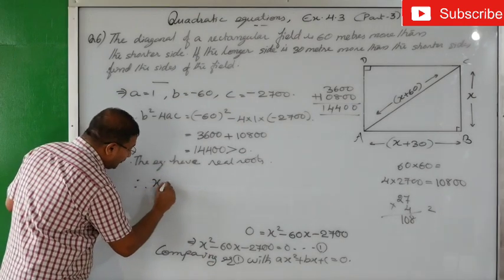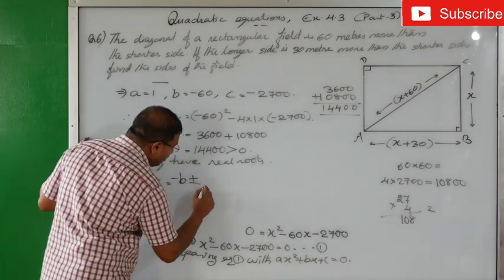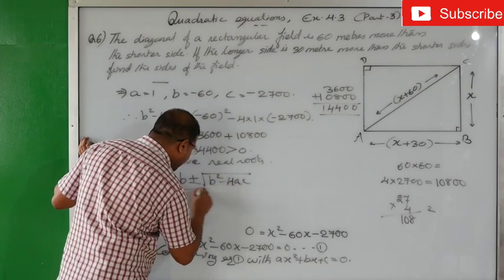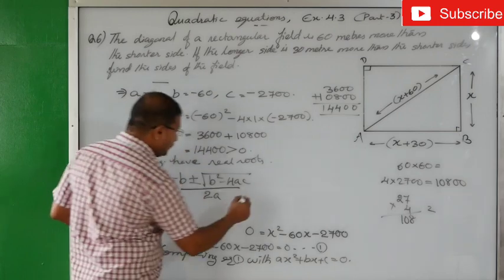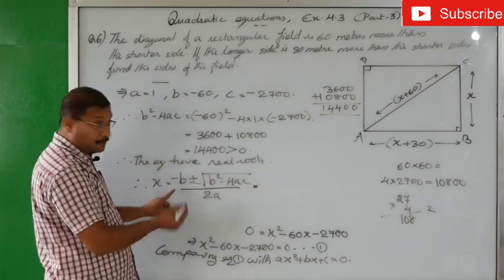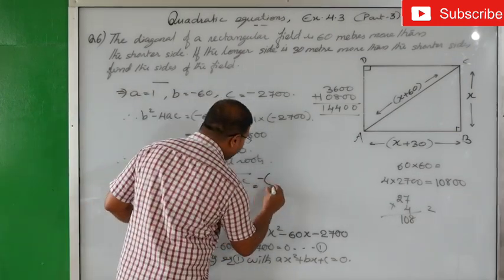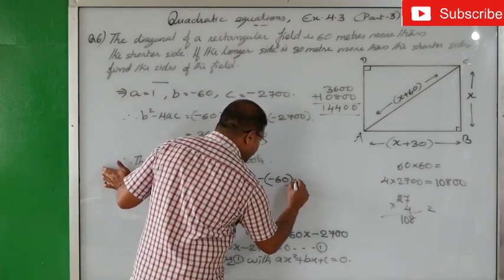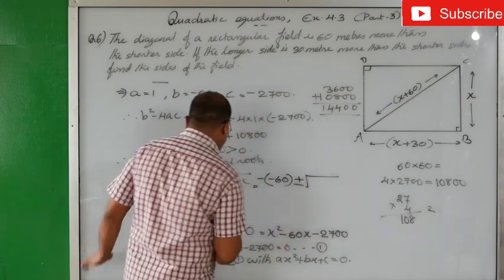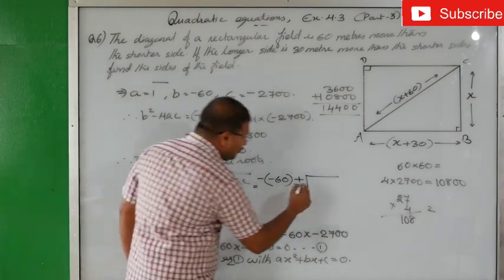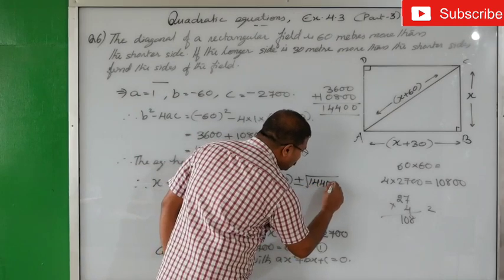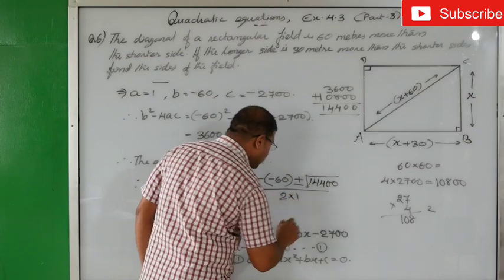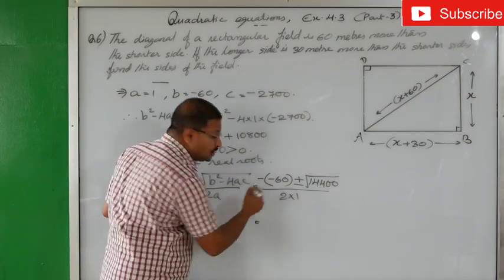For x equals, what will you write? Minus b plus or minus root of b square minus 4ac by 2a. The value of b, of course, we want minus b. That means minus of, what is the value of b? b is minus 60. So minus 60 plus or minus root of b square minus 4ac, we got it already, 14400, divided by 2 into a, a is 1, equals minus into minus plus.